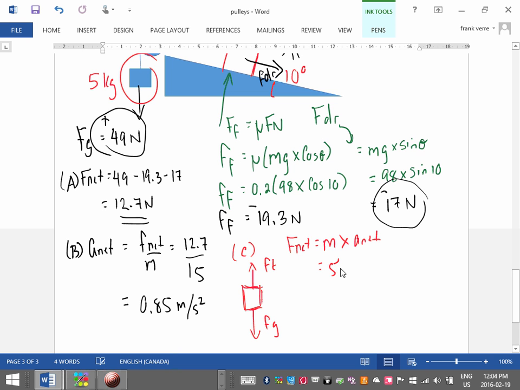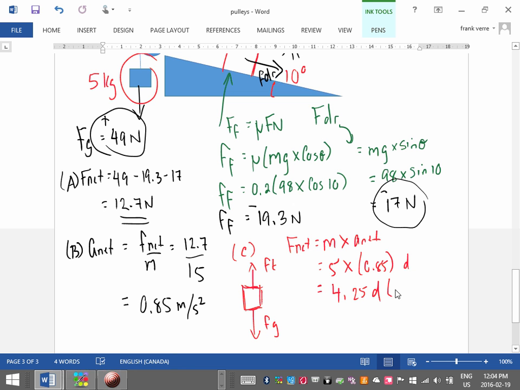The object has a mass of 5. The acceleration is 0.85 down. So the net force here would be 4.25.